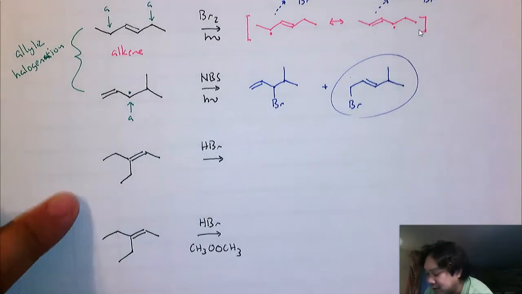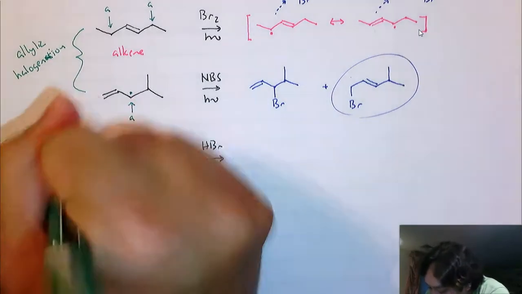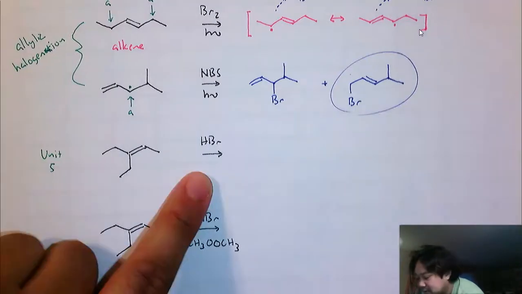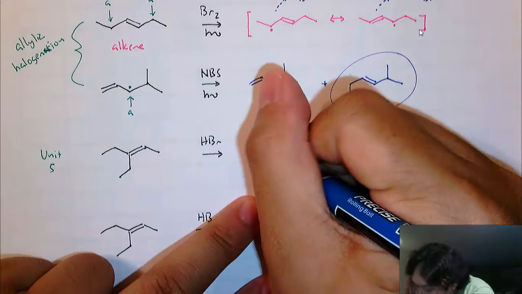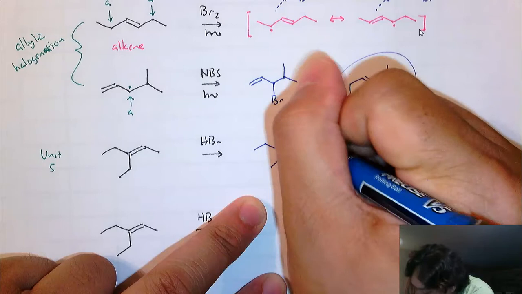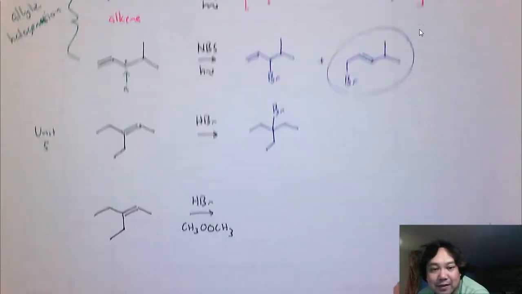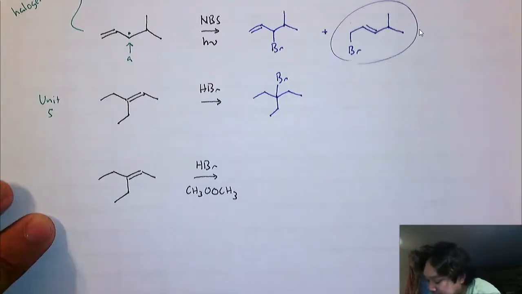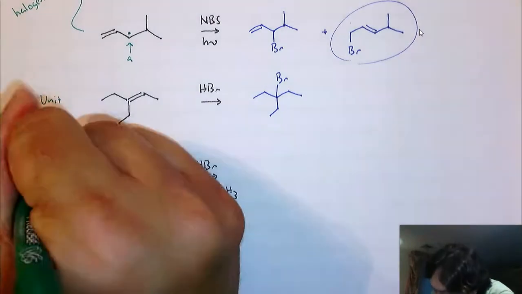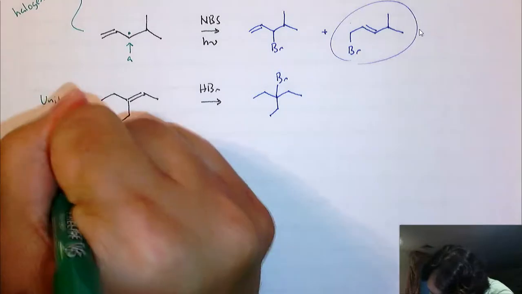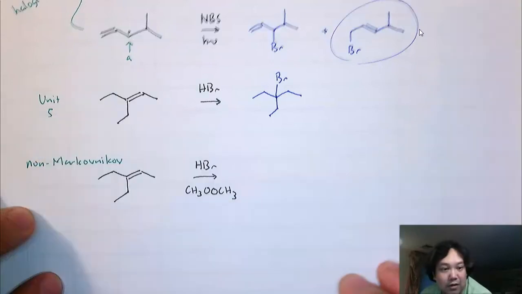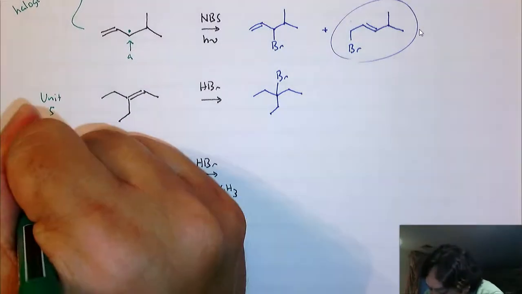This is actually a Unit 5 problem. It's Markovnikov addition of HBr. So your Br goes there. But in Unit 6, by adding peroxides, we have non-Markovnikov addition.